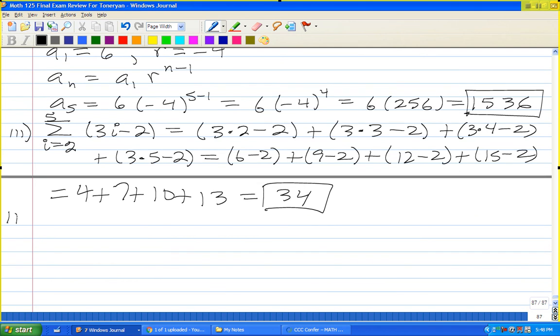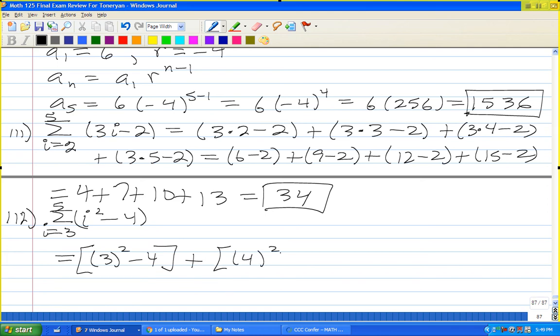Problem 112. Add i equaling 3 to 5 of i squared minus 4. So this is equal to, so first plug in 3, then plug in 4, and lastly plug in 5.